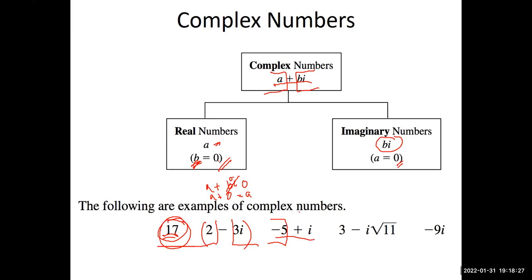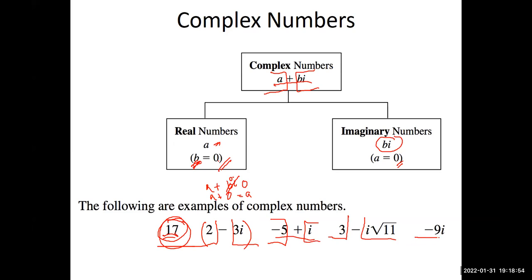Negative 5 is the real part, i is the imaginary part. So 3 minus i square root of 11 is also a complex number. 3 is the real part and the i square root of 11 is the imaginary part.